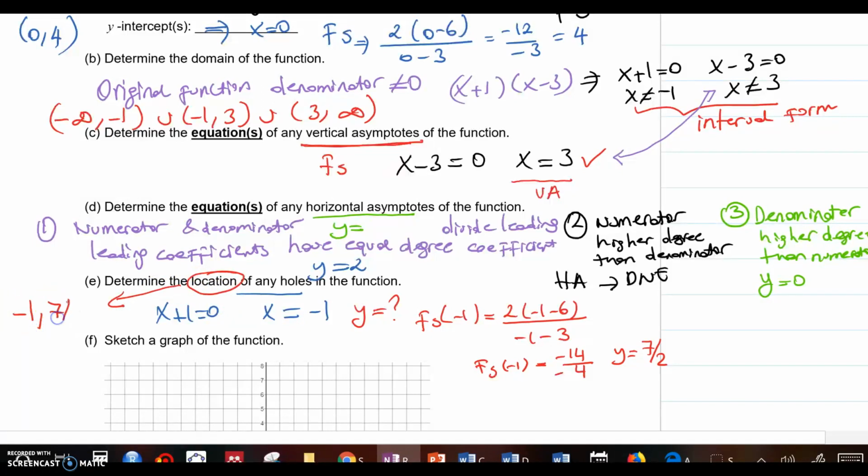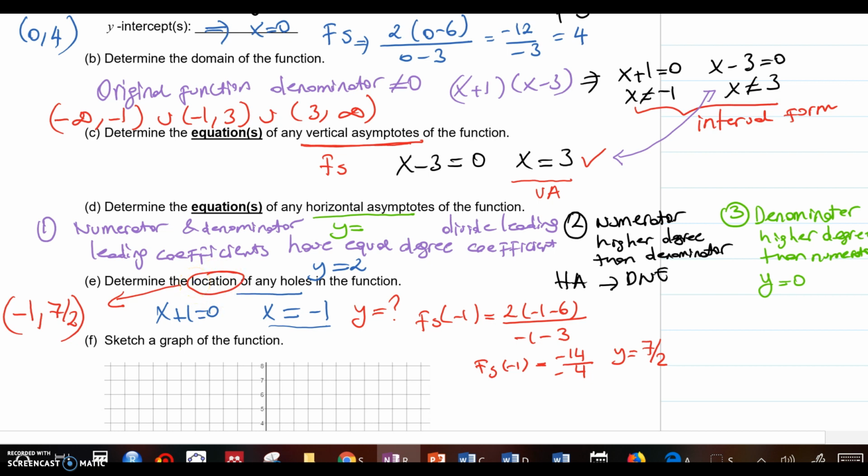So then the location of the hole, answer to that problem, will be -1, 7 over 2. Okay, usually, this is a common mistake. Students leave the answer here, but it's incomplete. You need to go ahead and plug that value into the function, find the y value, because we're asking for the location.